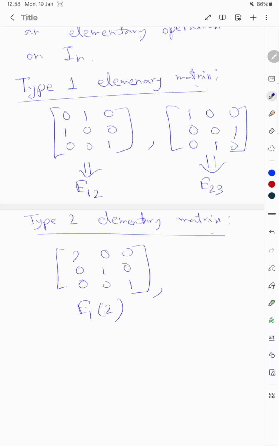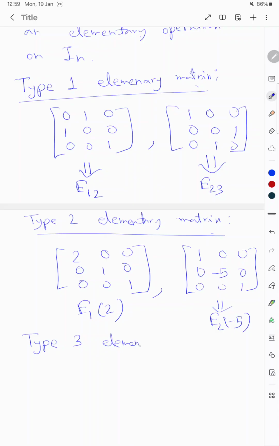If you have 1 0 0, 0 1 -5, 0 0 1, you can say this notation is E2 into, suppose this is -5, like that. Then the third type, type 3 elementary matrix.